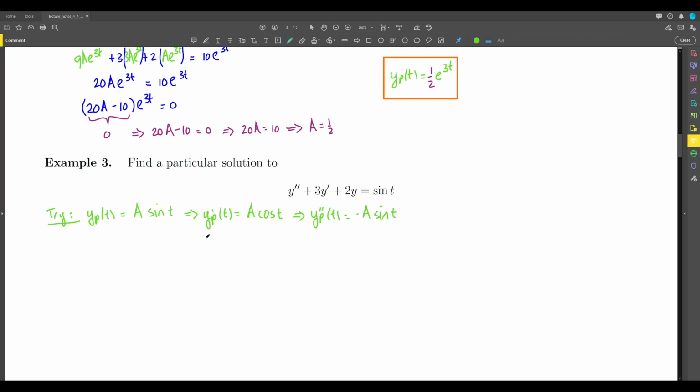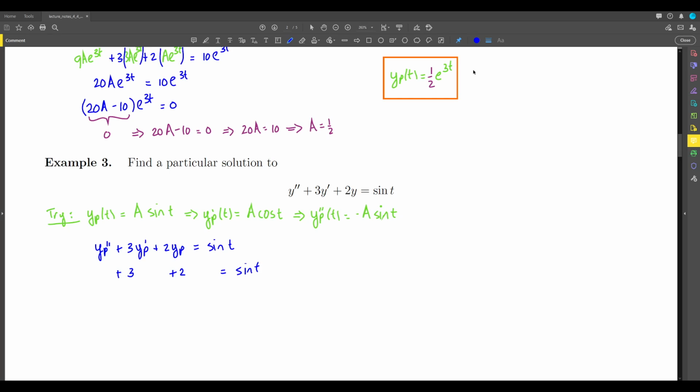Okay, then what we need to have for our differential equation is the following. yp double prime plus 3yp prime plus 2yp equals sine of t.